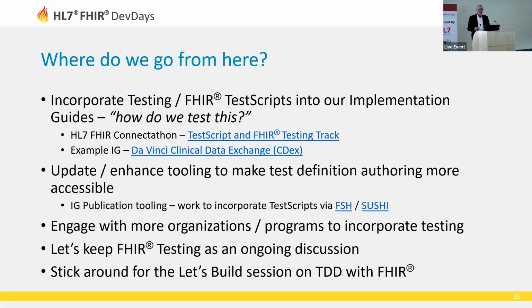So we're looking at how we can leverage FHIR shorthand to start generating test scripts so that you don't have to slog through all the XML or JSON. Because if you look at a test script, it can be pretty verbose and pretty intimidating. But if we can simplify that process using FHIR shorthand, that's going to make the bar for entry a little bit lower, a little bit easier for people to get into defining those tests.